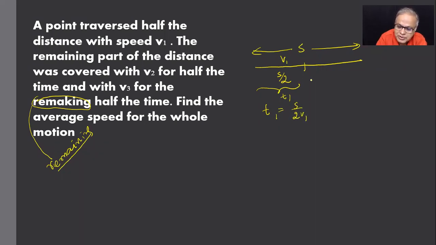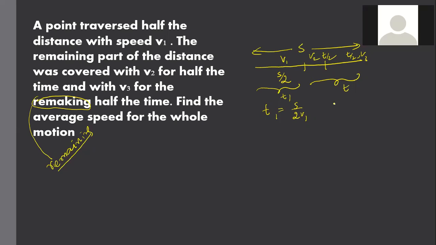But now let me say this time is T. In this, for T by 2 you covered with v2. The other T by 2, you covered with v3. Do you follow my point? Yes, sir. So T2 will be, now how should I write now? I wanted T1 plus T2 actually, isn't it? T1 I already said, this is T by 2, T by 2. So I wanted this time T basically.